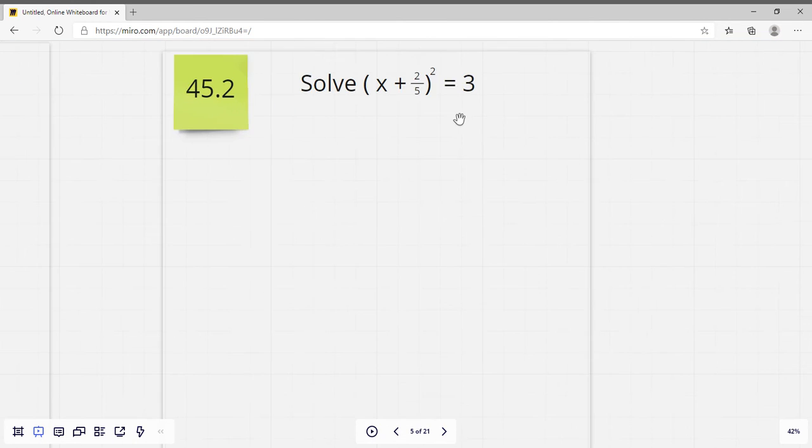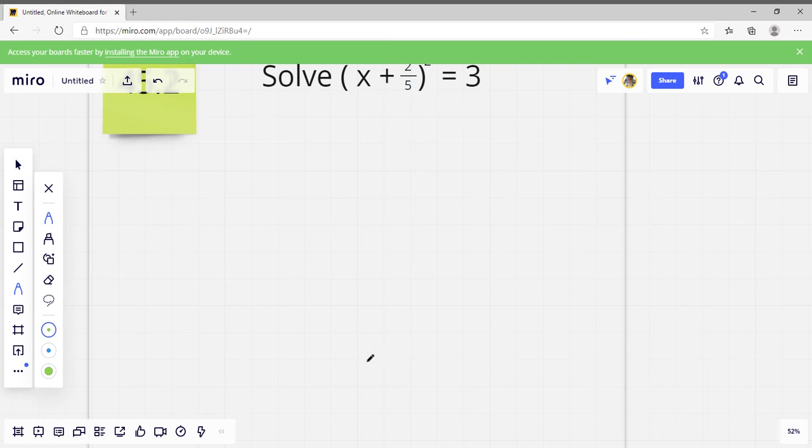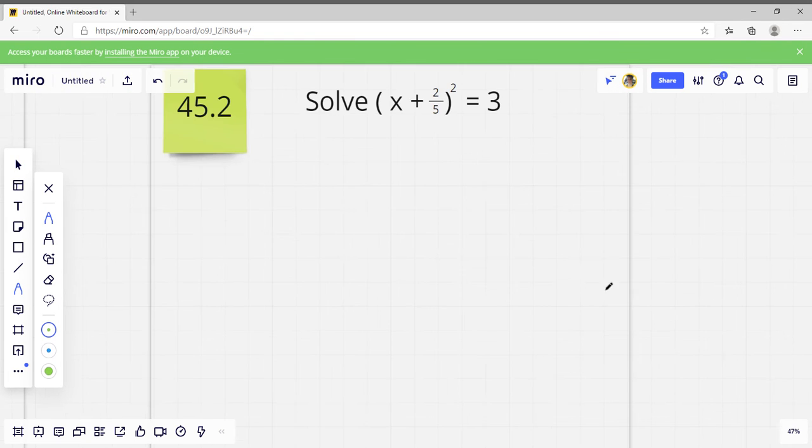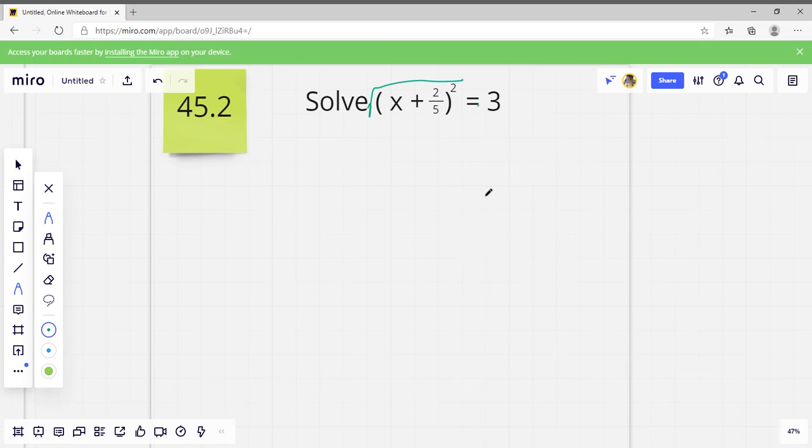All right, on this one, same thing. So we're going to have to do the square root of both sides of that equation. Okay, so here we've got square root of this one and square root of this one. That'll cancel out that.